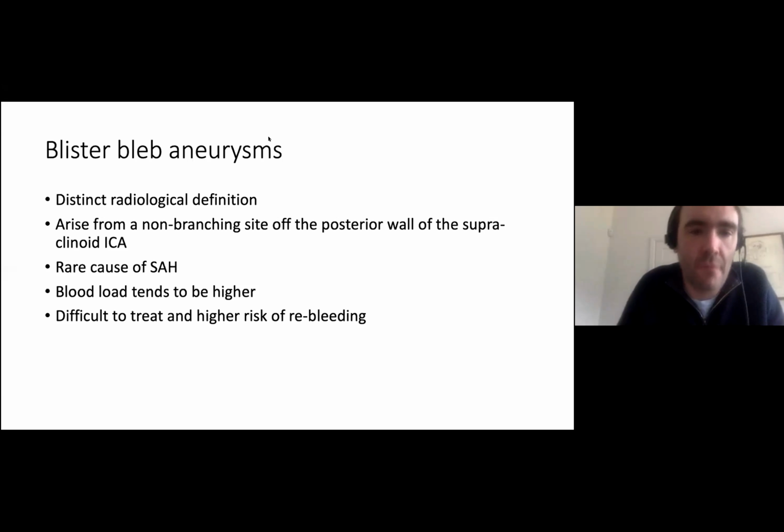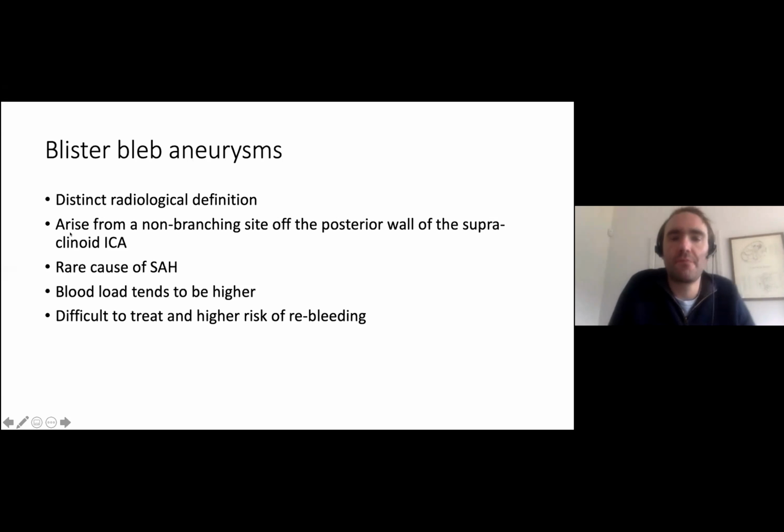They arise from non-branching sites, whereas all the other saccular aneurysms we talked about tend to arise from branching sites. They're not caused by dissections, and they classically arise off the posterior wall of the supraclinoid internal carotid arteries. They're a rare cause of subarachnoid hemorrhage.